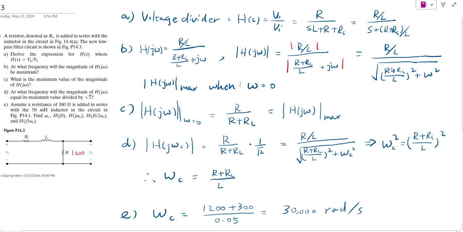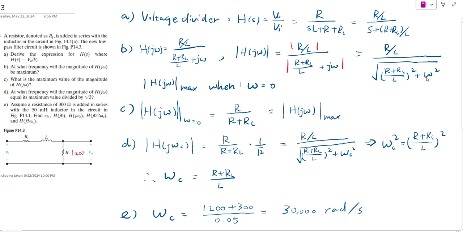Okay, and you can see for this one, omega, the frequency, can be 0 to infinite, any frequency, right? So the question is, at which frequency does this magnitude get the maximum value? A constant divided by a constant plus a variable.